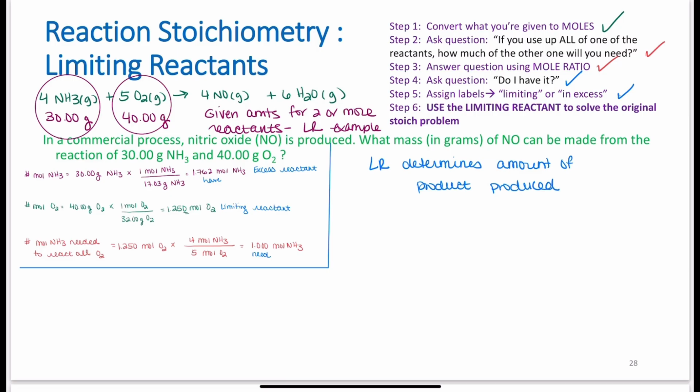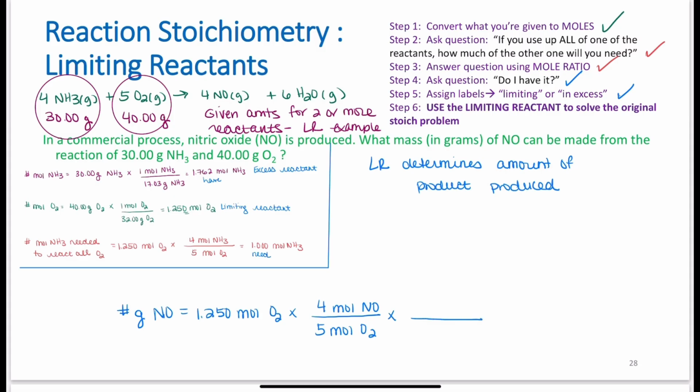So since O2 is the limiting reactant, we're going to use that to determine the theoretical yield. Number of grams of NO, and I've got 1.250 moles of O2. Looking at my balanced reaction, 4 moles of NO are produced for every 5 moles of O2 consumed.